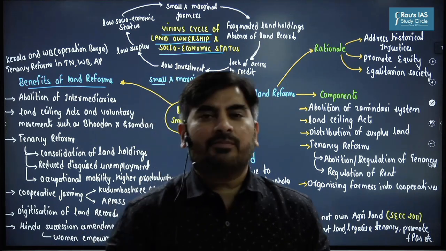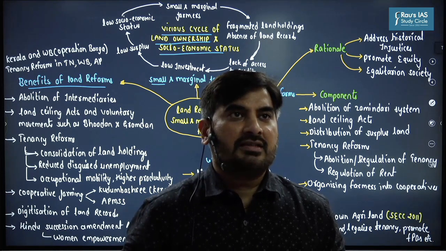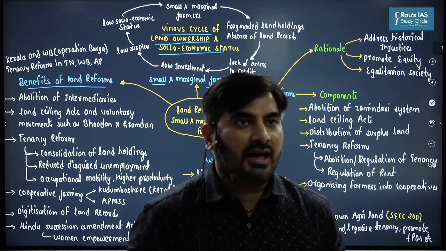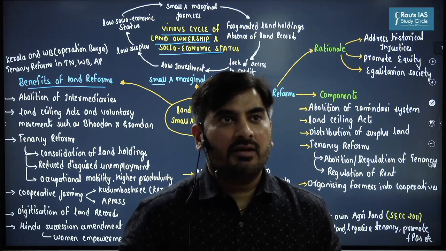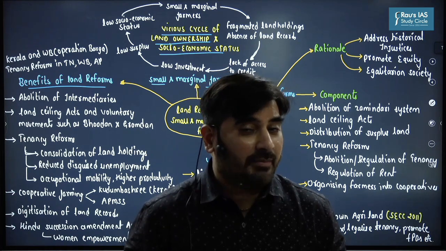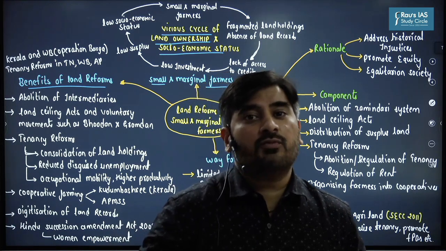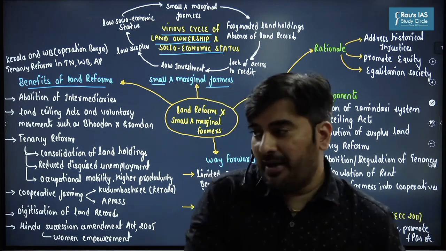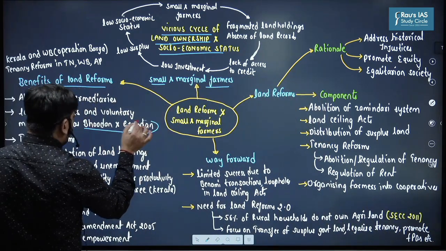Apart from that, you could also make a mention of voluntary movements such as Bhudan, Gramdan, etc. I hope most of you must have heard about Bhudan, Gramdan, which were started by Acharya Vinoba Bhave as part of voluntary land reform movements. So you could have incorporated these voluntary land reform movements.